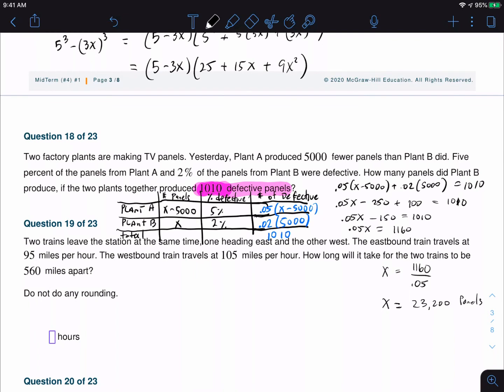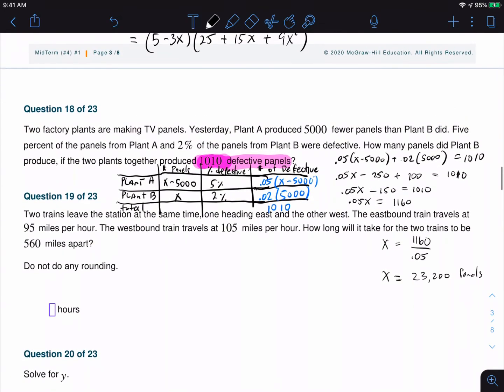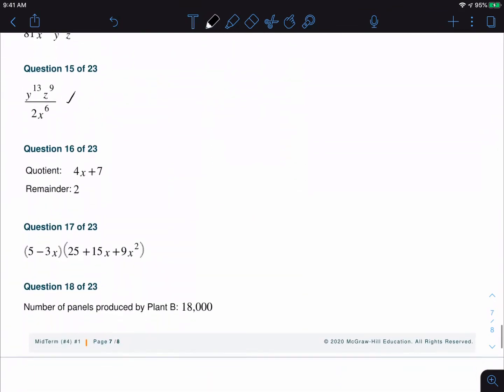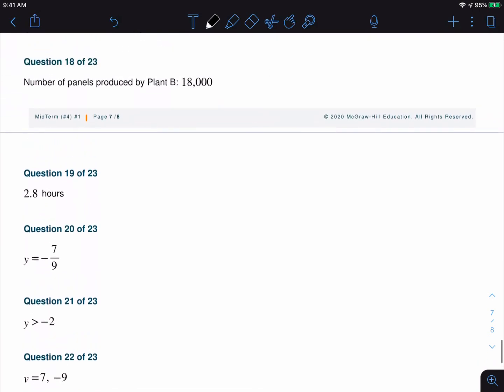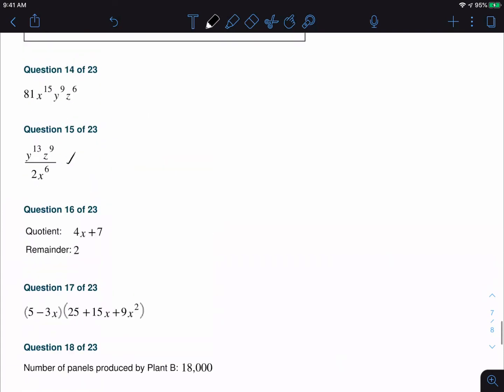Okay? And let's see, what did it say? How many panels did plant B produce? So 23,200 panels. Let's see if we're right. That was number 18. Okay, and 18 was, they got 18,000 panels.